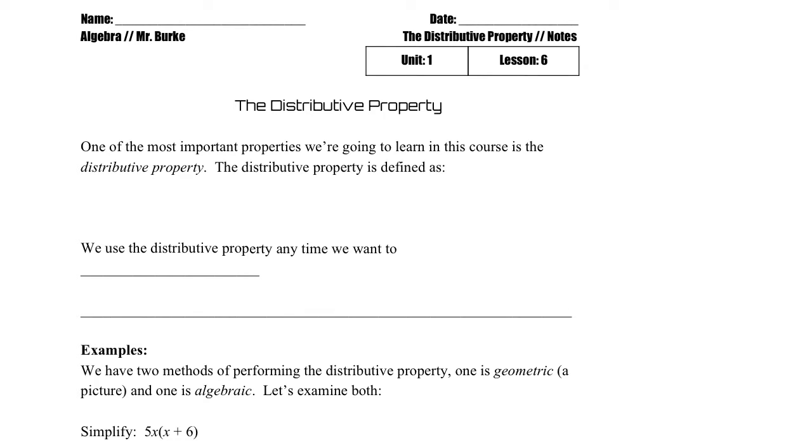So the distributive property is, you guys have probably seen this before, but basically what it says is that if you have A times B plus C, then that equals AB plus AC. Essentially what it means is we're going to take this thing that's outside the parentheses and distribute it to everything inside the parentheses.